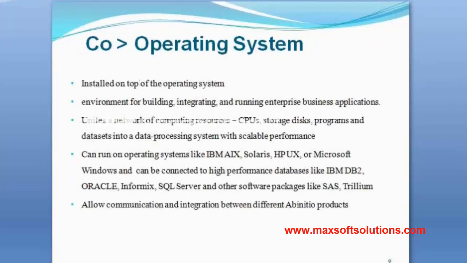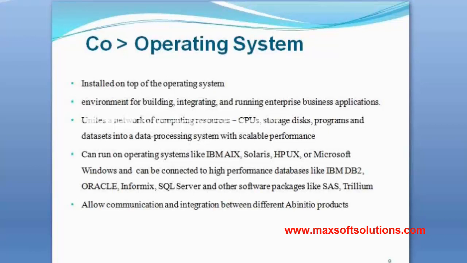The Cooperating System is installed on top of your operating system, that means your Unix or Windows server. It is the environment for integrating all your Ab Initio products and your applications. It actually unites the computing resources like your CPU, your disk management, your memory management.